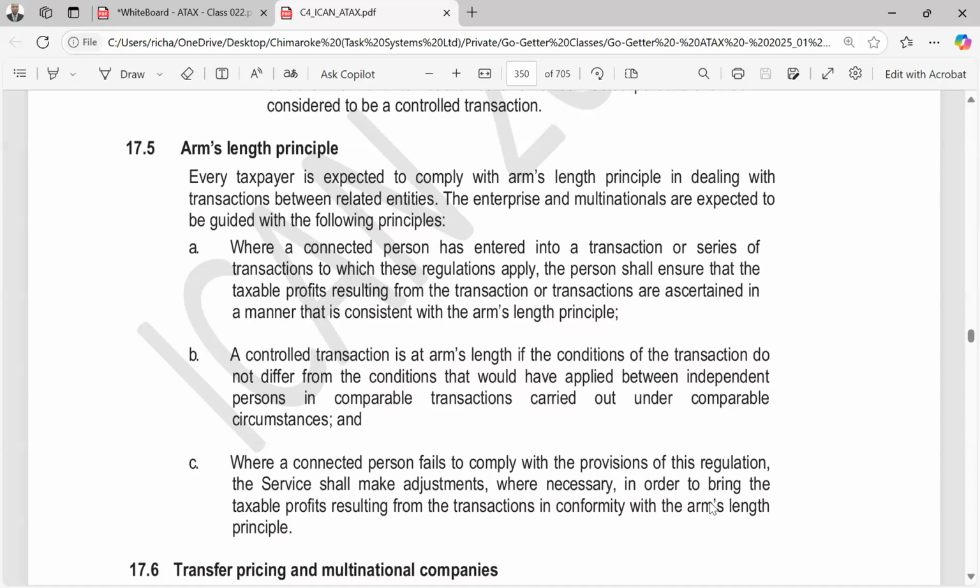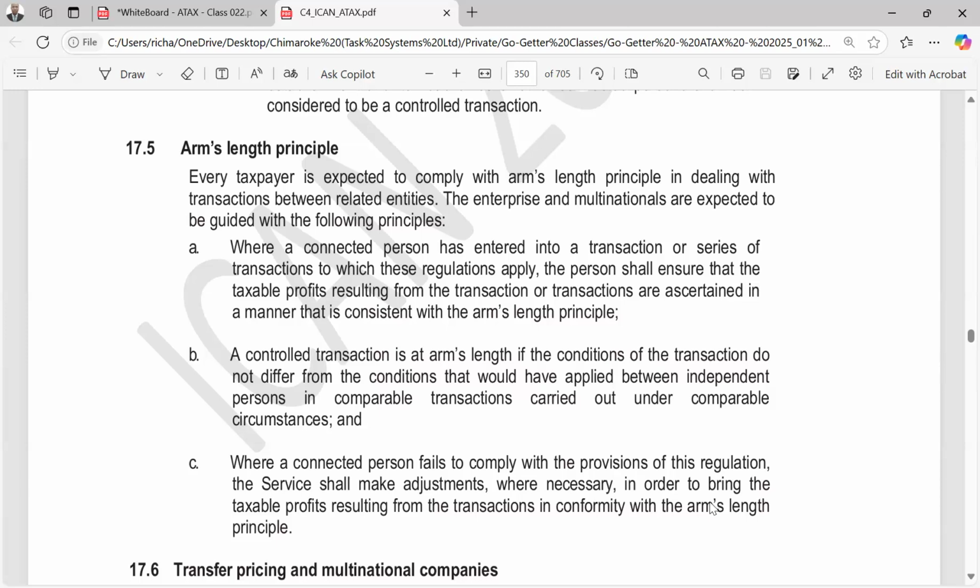Where a connected person fails to comply with the provisions of this regulation, the service shall make adjustments where necessary to bring the taxable profit resulting from the transactions in conformity with the arm's length principle. Now, a typical example is when you decide to sell a chargeable asset, on which there's going to be a capital gains tax.